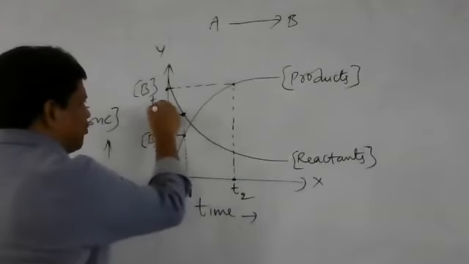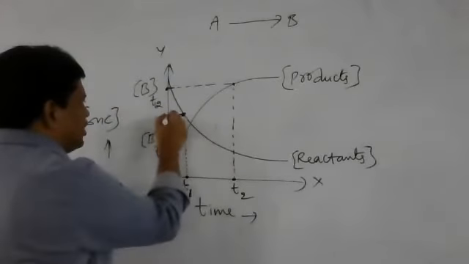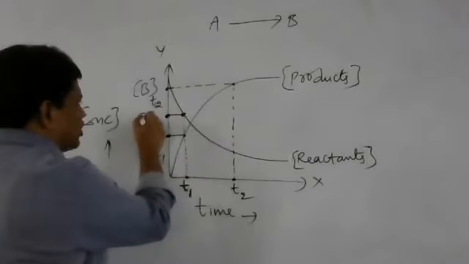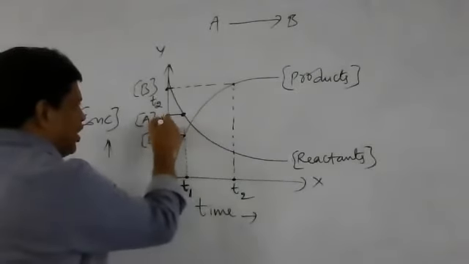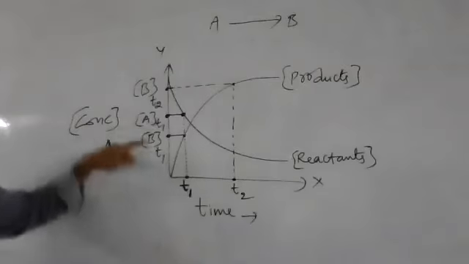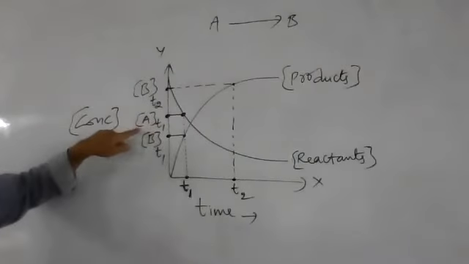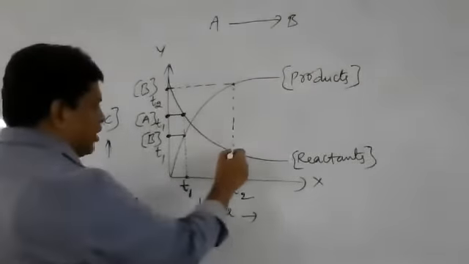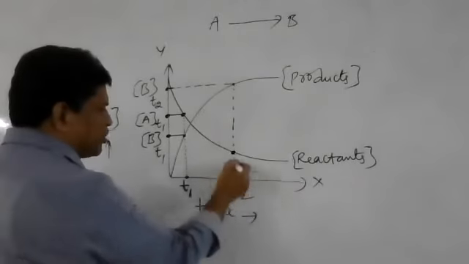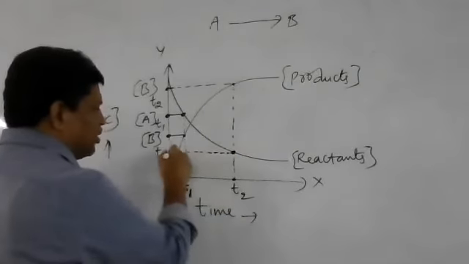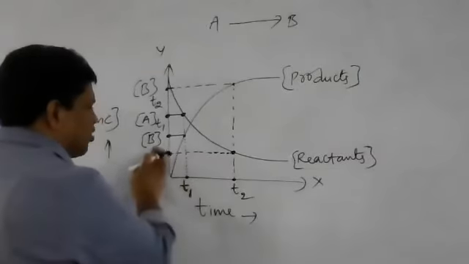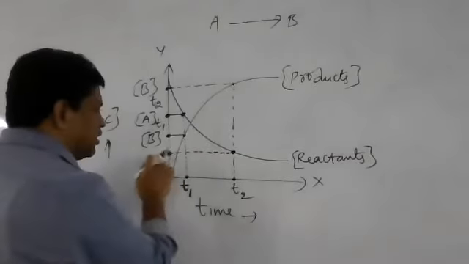It is the concentration of A at T1 time, right? And at T2 time, here this one. At this T2 time, what is the concentration of A? This point is representing the concentration of A at T2.